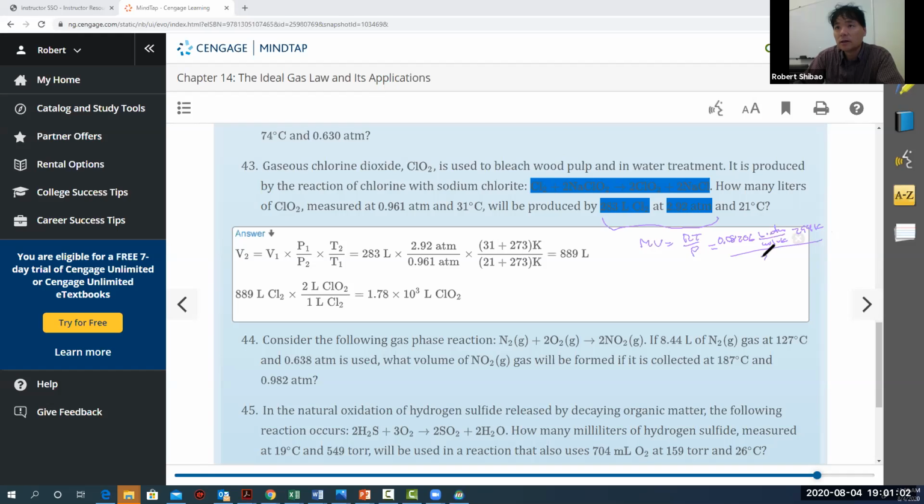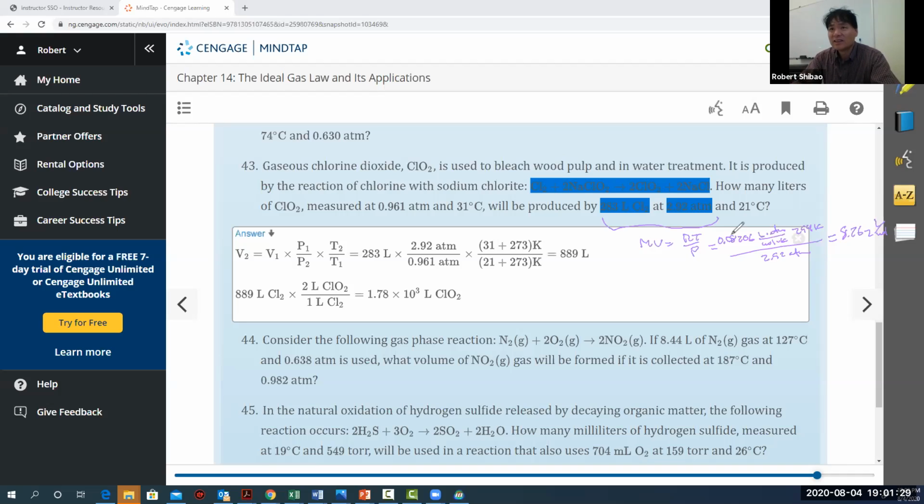Pressure is 2.92 atmospheres. 8.26. Wow, that's really small. Let's go with 8.262 liters per mole.